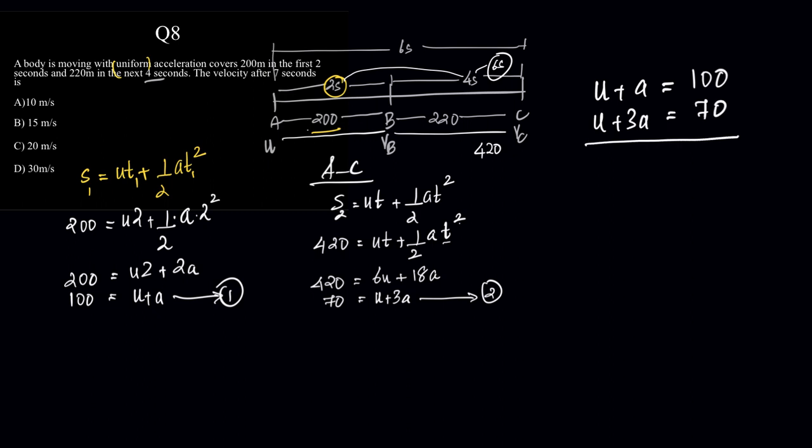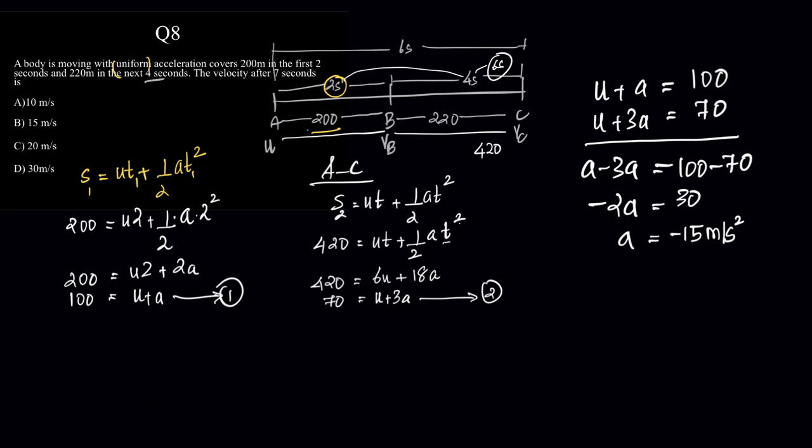If you subtract these, u minus u is 0, a minus 3a is equal to 100 minus 70, which means minus 2a is equal to 30. Therefore, a is equal to 30 by minus 2, which is minus 15 meter per second square.